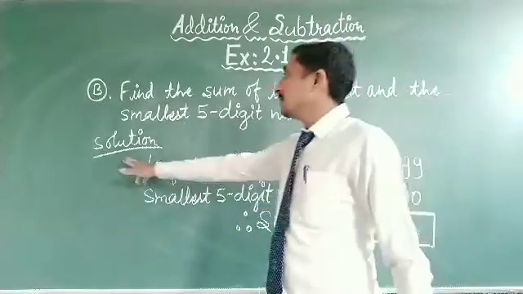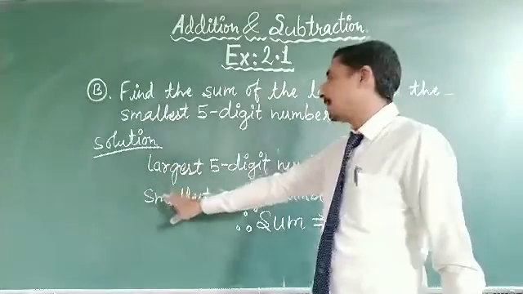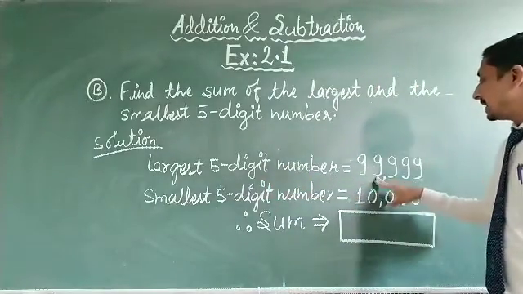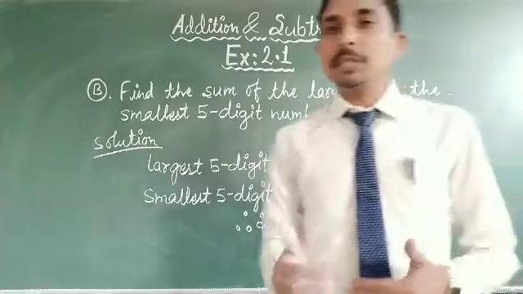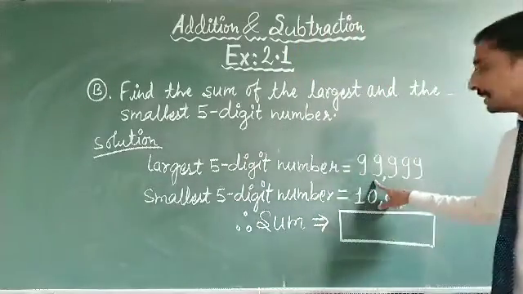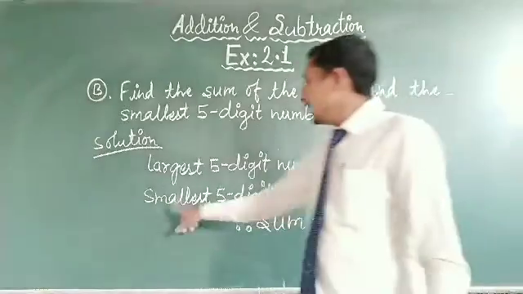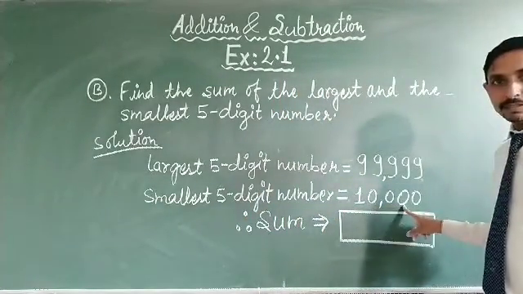So you see, first you write solution, then first we have to mention what is the largest 5-digit number. So the largest 5-digit number is 99,999 and smallest 5-digit number is 10,000.